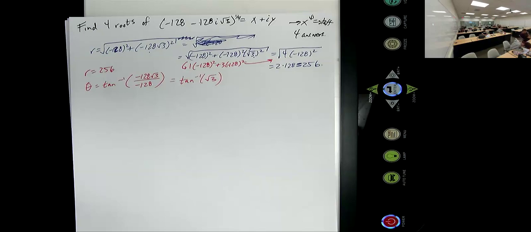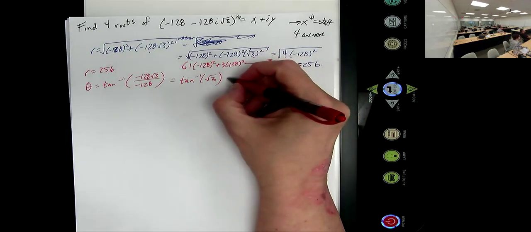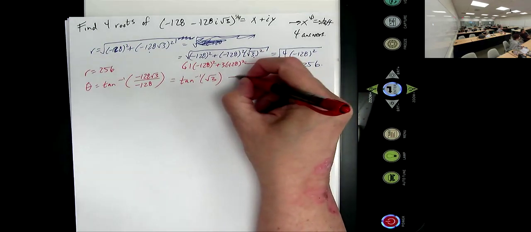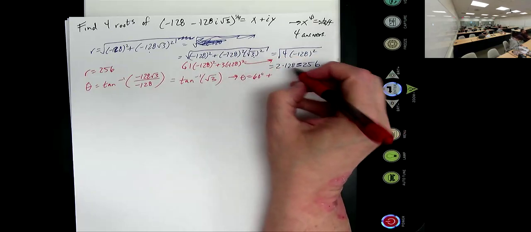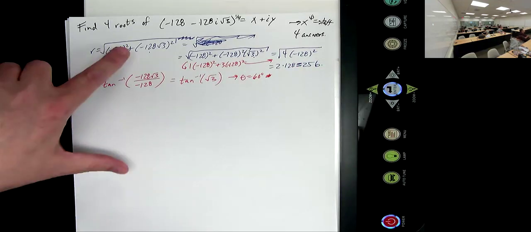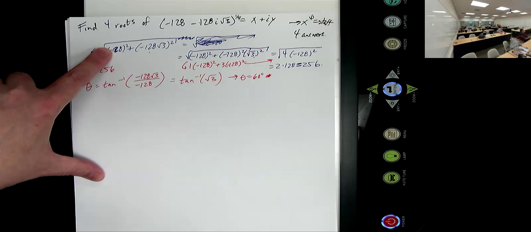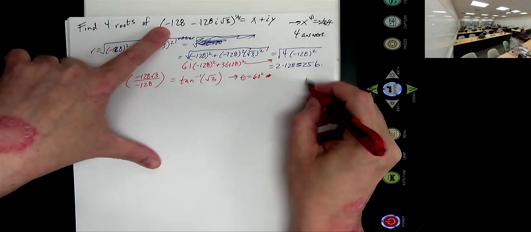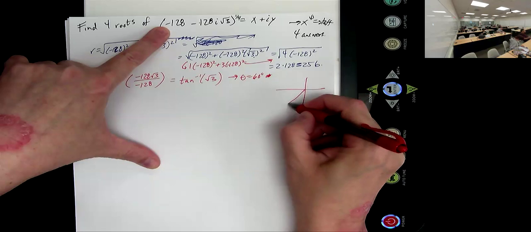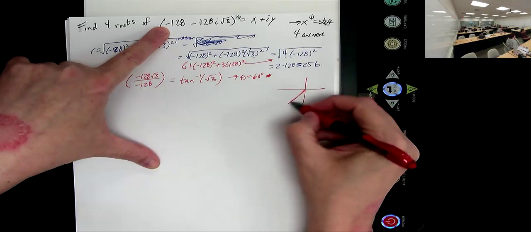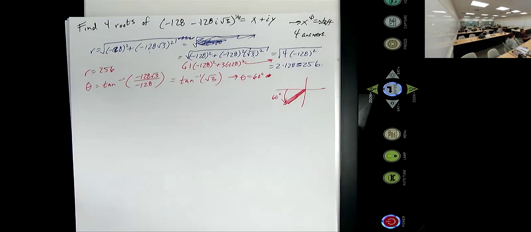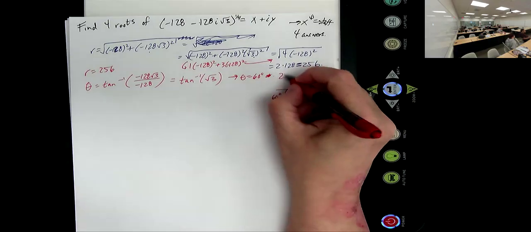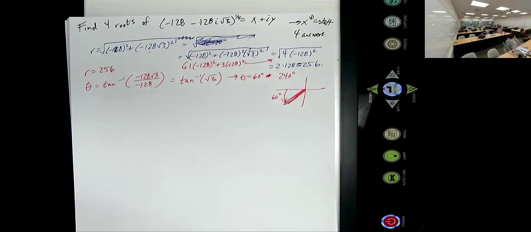You're right, it's in quadrant 1. 60 degrees. So theta equals 60 degrees, I'm gonna go with. But is it 60 degrees? This is our reference angle. We are actually negative x and negative y, which puts us over here. 60 degrees is that reference angle. So it looks like we're at 240. Boom.